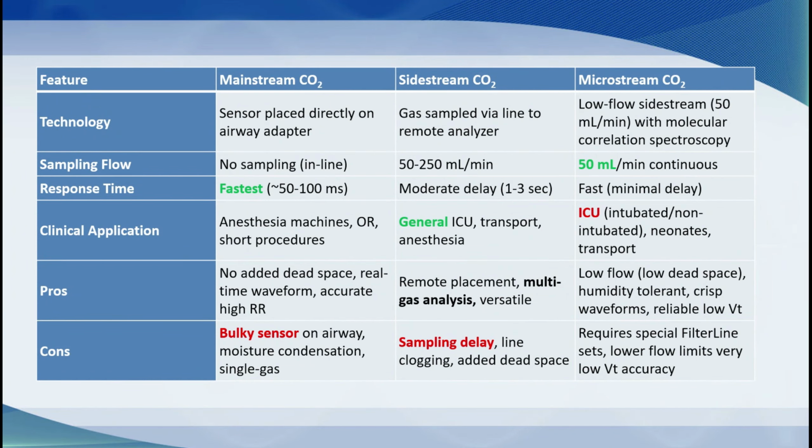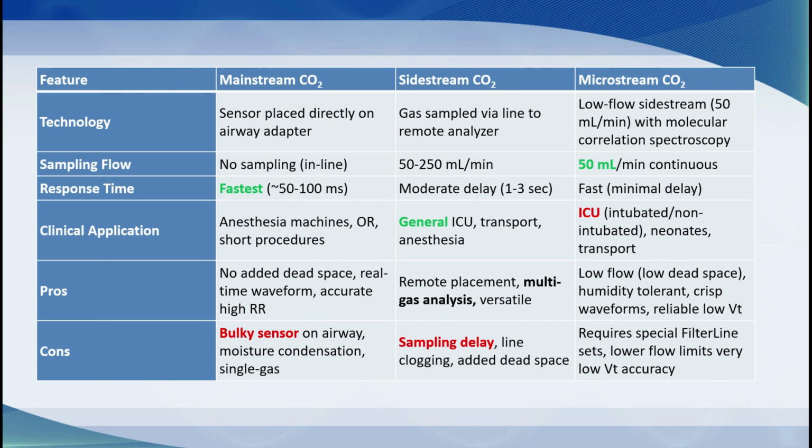You can pause the video now and look at the list of features and pros and cons of the current technologies. In general, these days we use sidestream carbon dioxide analysis in the operating room because it measures everything, nitrous oxide, volatile agents, etc. But given a choice, I would use mainstream for intubation as the initial delay using sidestream is really long.